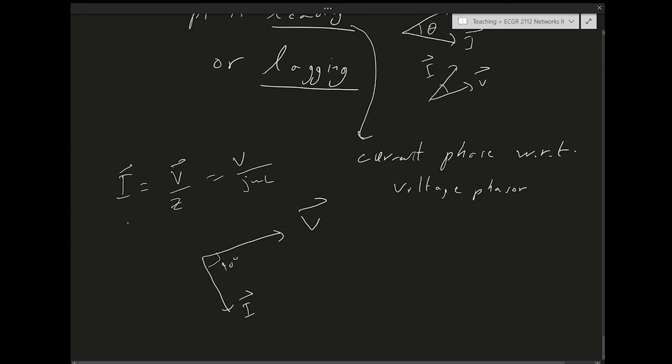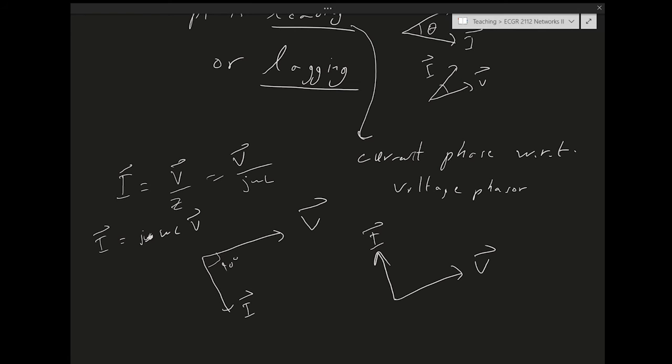And then for a capacitor, I equals V over Z, and 1 over Z is j omega C, so I equals j omega C V. For the case of a capacitor, the current is leading the voltage. We will go through some examples, but you have to be careful with the terms leading and lagging. They refer to the current leading or lagging.